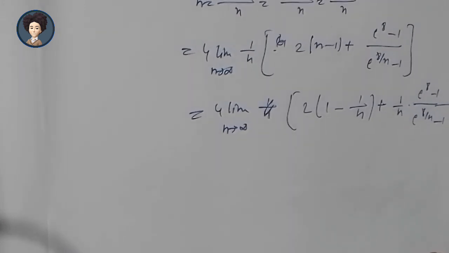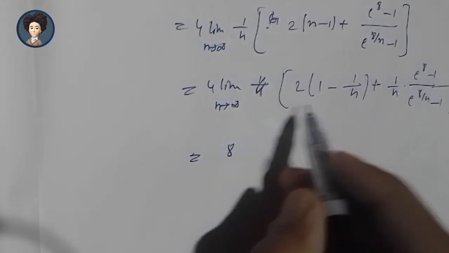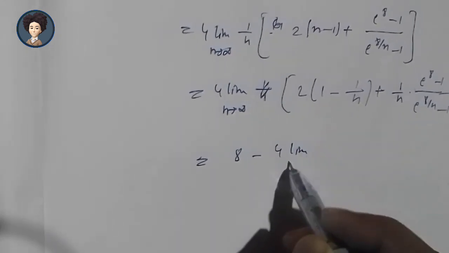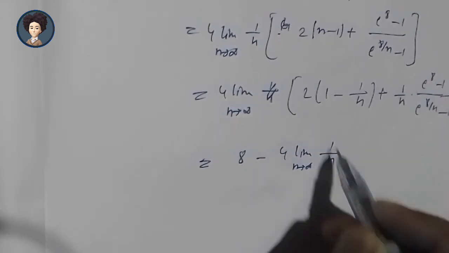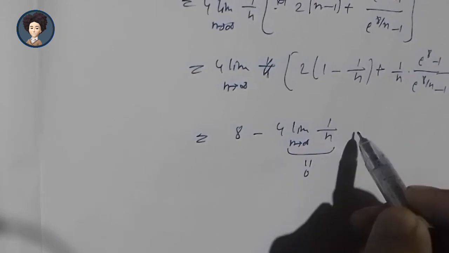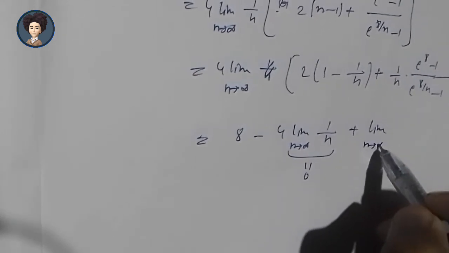This is what we get here. And now this becomes 8 here, and minus 4 times the limit as n tends to infinity of 1 by n, which becomes 0, and plus here is left the limit as n tends to infinity.